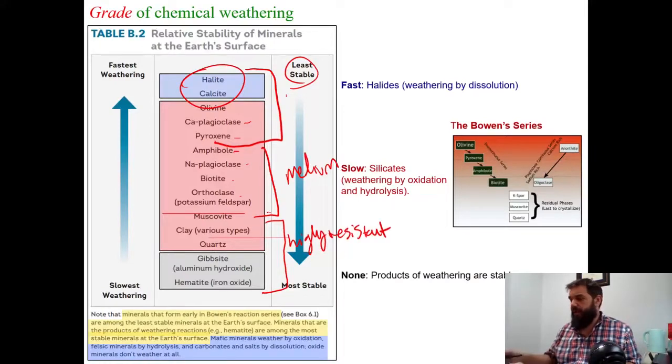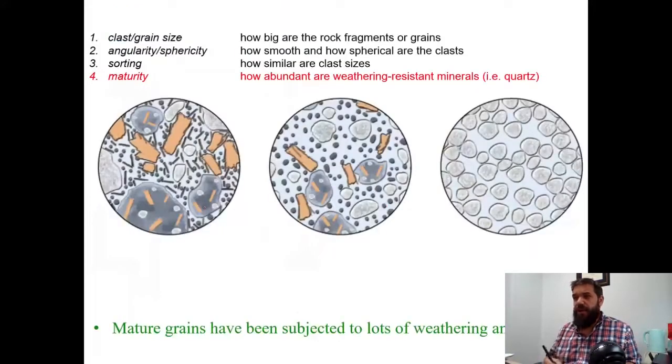Okay, so when you see a rock and you look at it and it's got mica, it's got quartz, it's got plagioclase, it's got amphibole in it, it's got other stuff, that means it's chemically immature.